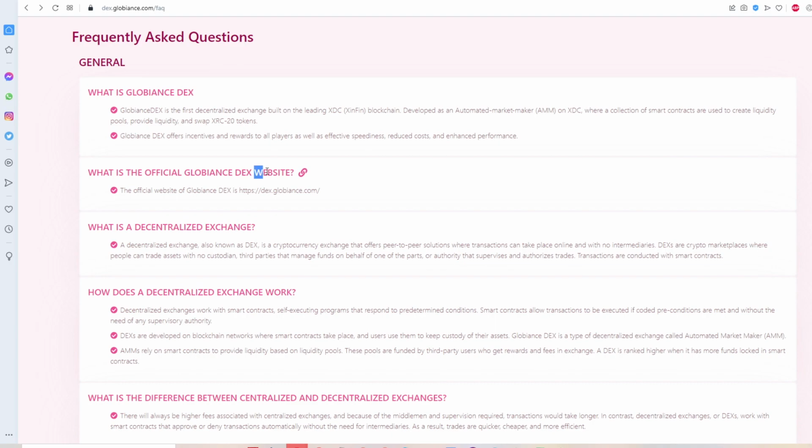Simply because from a security point of view, it's much better. From a convenience point of view, depending logically on what you're aiming for, it's also much better because you trade from your own wallet, so you don't need to deposit and withdraw. Logically, there are also disadvantages, because centralized exchanges have certain incentives to use them, be it staking, be it certain contests and all that stuff.